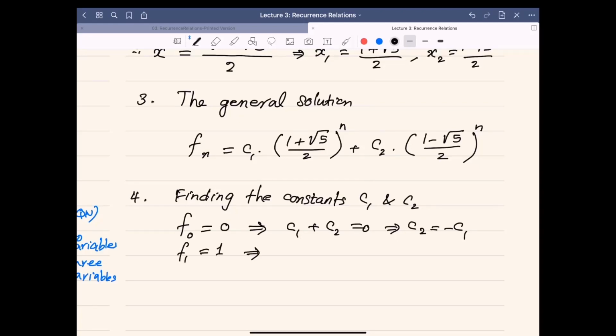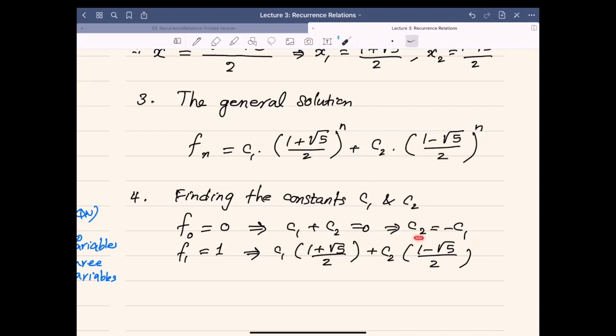So we will have C1 multiplied by 1 plus the square root of 5 over 2, plus C2 multiplied by 1 minus the square root of 5 over 2, both raised to power 1. Here is 1 and here is 1.